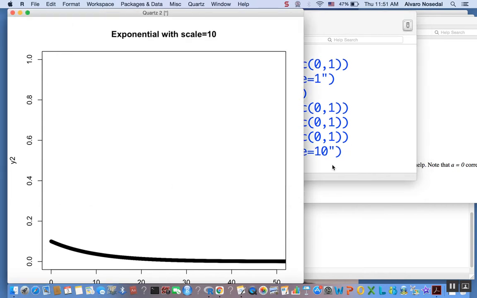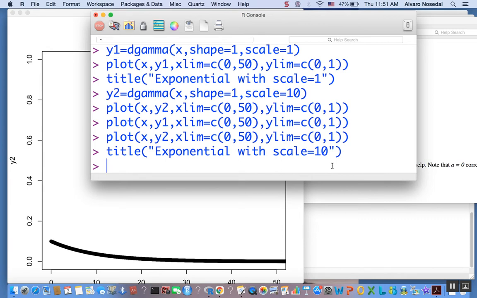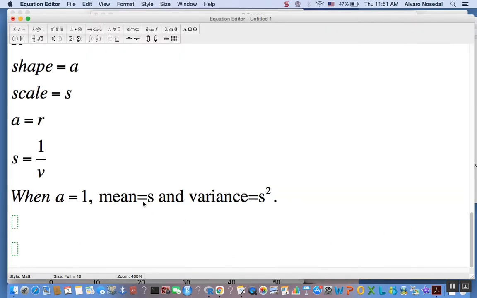Let's keep going. How about we try a scale parameter of 100 instead of 10? If s equals 100, we have a random variable with a mean of 100 and a variance of 100 squared, so that's 10,000. We have a lot of variability around that mean of 100. Let's see what happens.